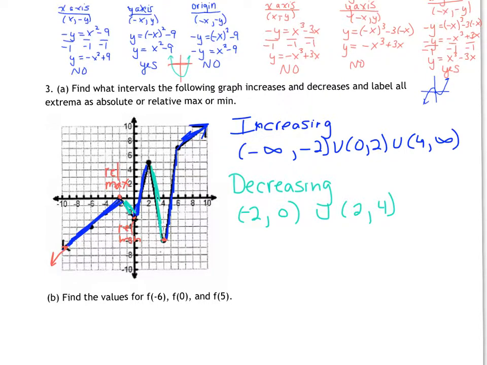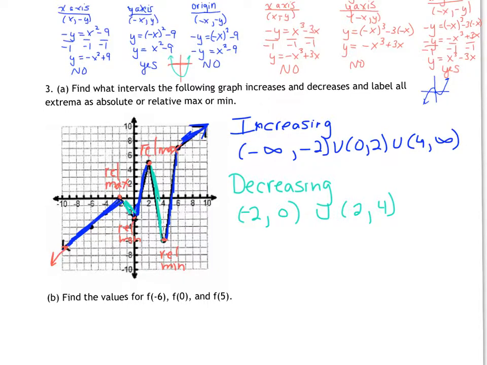This is also a relative min because it's at the bottom, but there are points lower. And same idea, this is a relative max because it's at the highest point, but only in a certain region. So max is at the top and min is at the bottom.